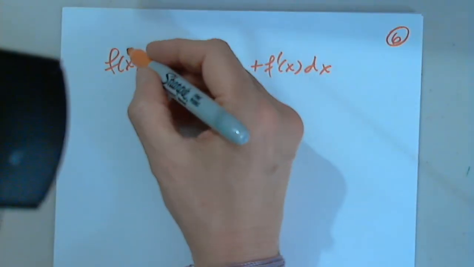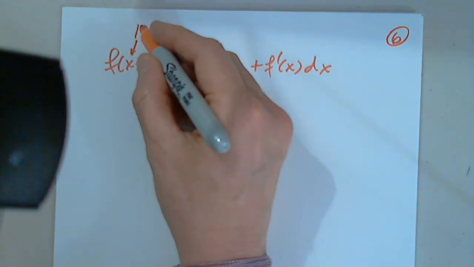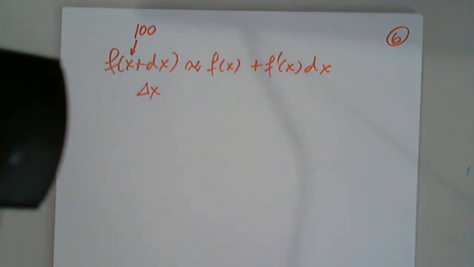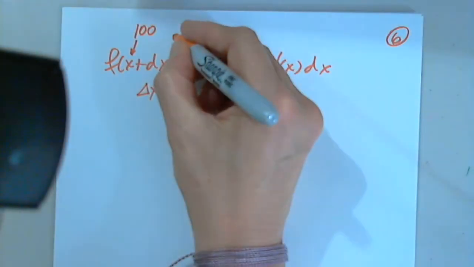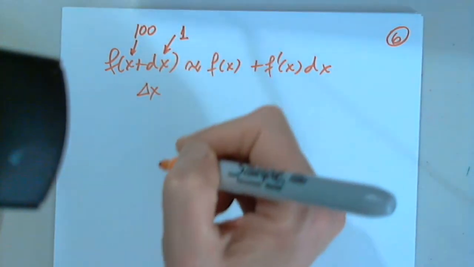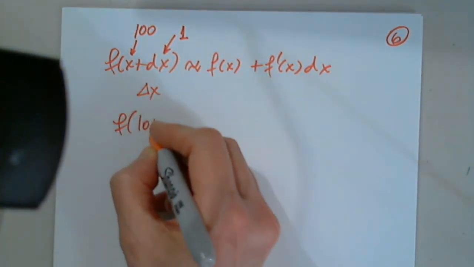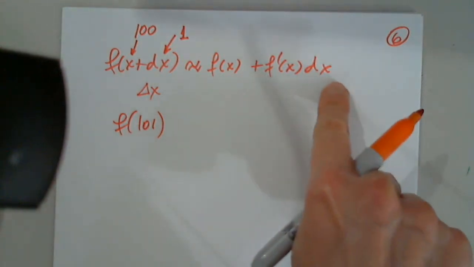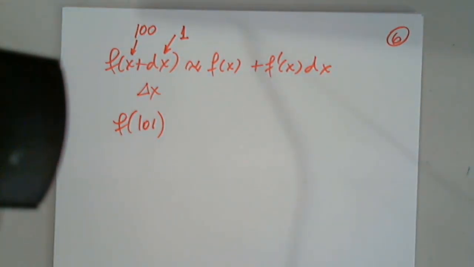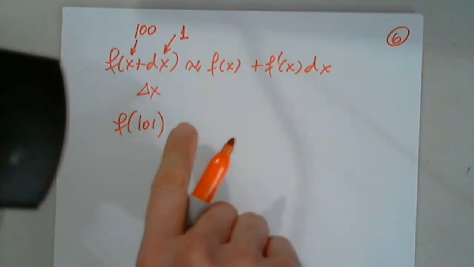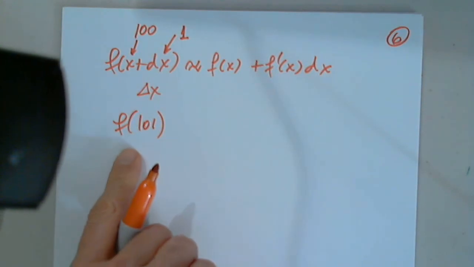So if you have here, if you produce normally 100, and now you want to increase by 1, so now you want to produce 101, you're using this formula to approximate, right?